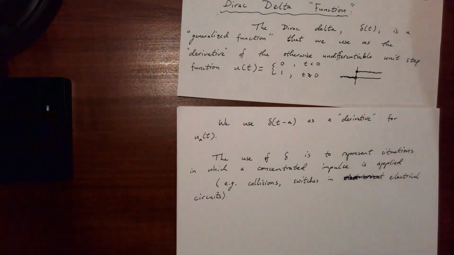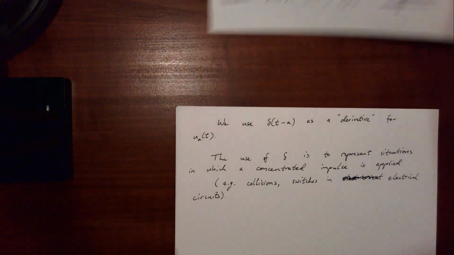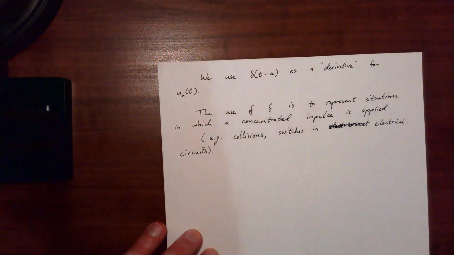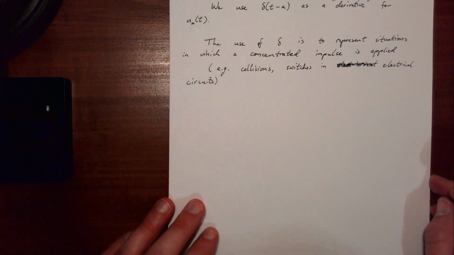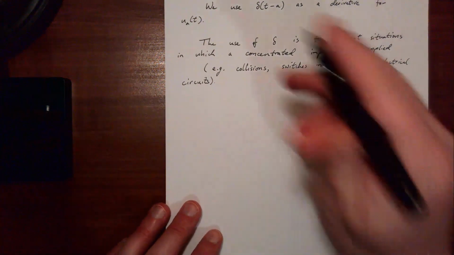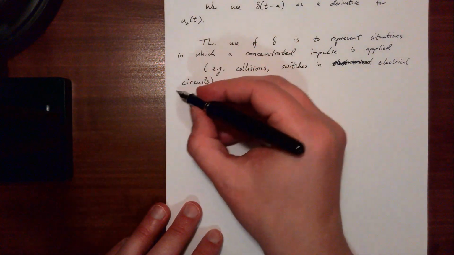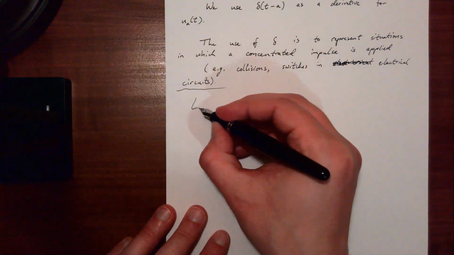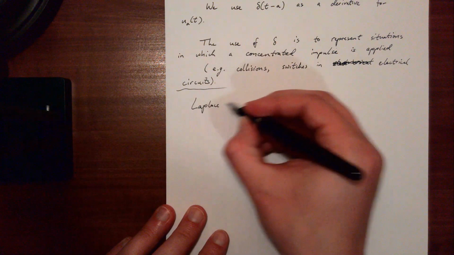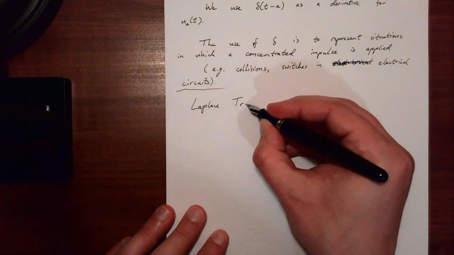Okay, well, if this new generalized function, as it were, is going to find itself in chapter 6, it had better have something to do with Laplace transforms, or in particular, we'd better be able to find the Laplace transform of it. So let's think about that.